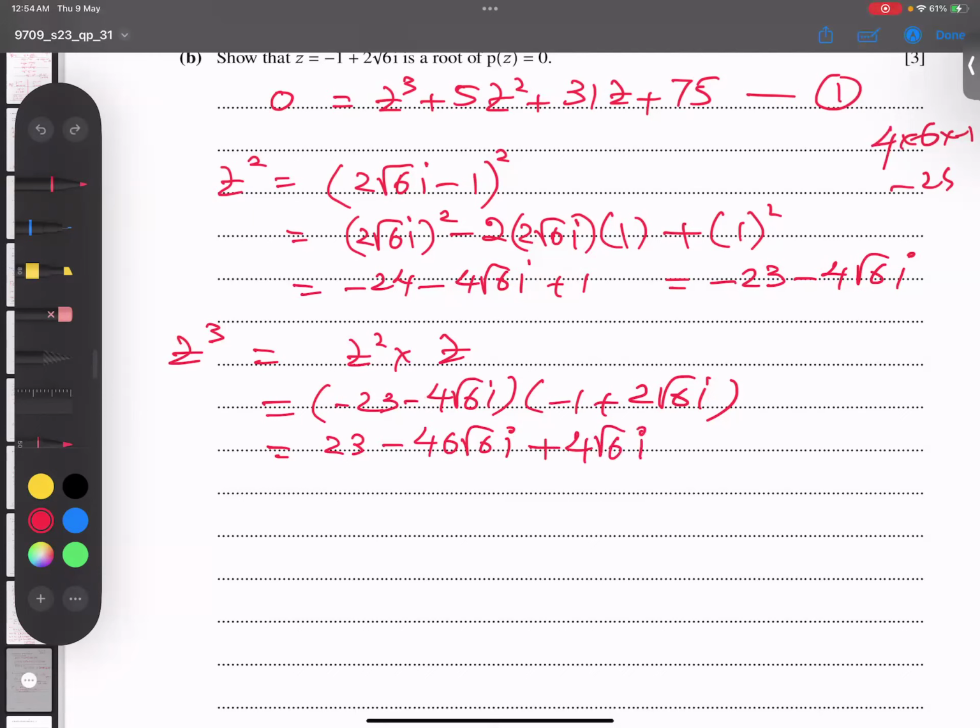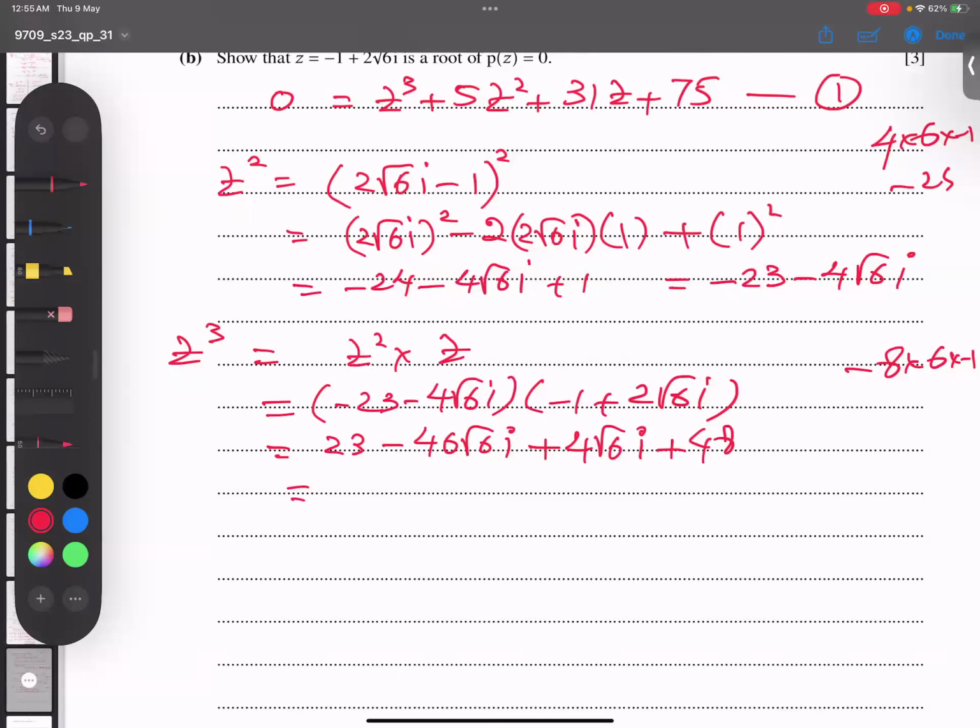And this multiplied with that, so negative. Okay, please be careful, 4 twos are 8. Root 6 into root 6 is only 6. And iota and iota give you iota square, which is a negative 1. And be careful, this plus into minus, minus already present. So I got a plus 48.